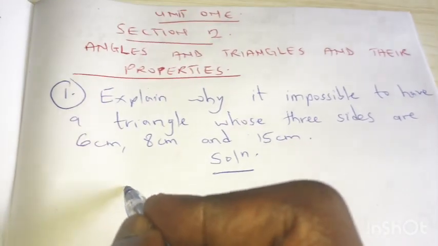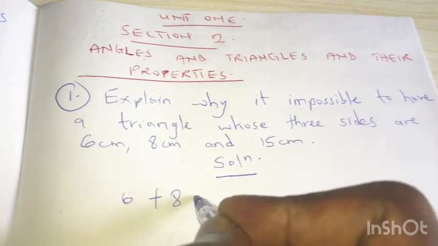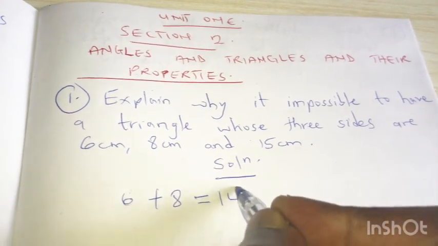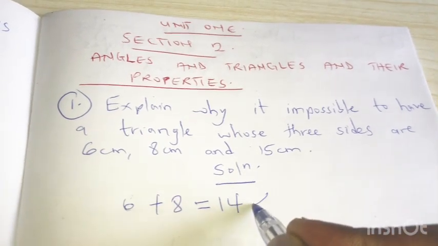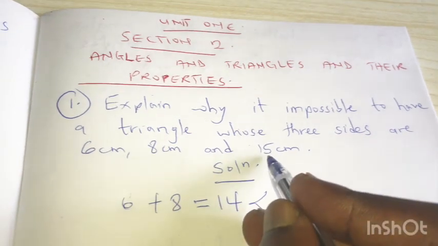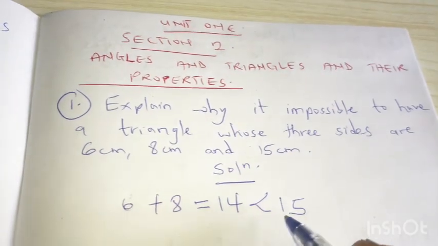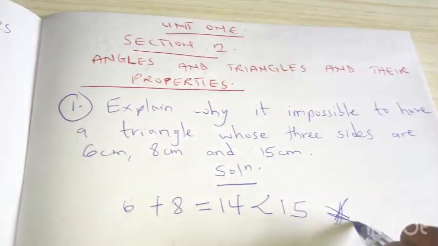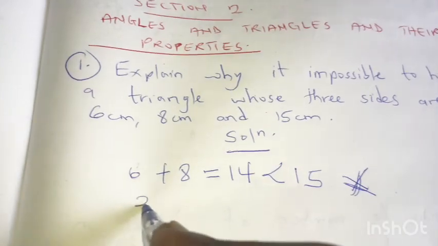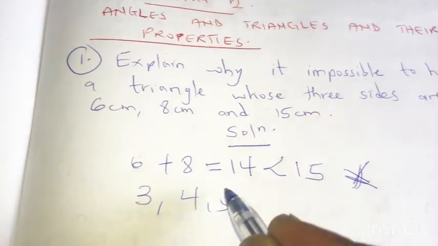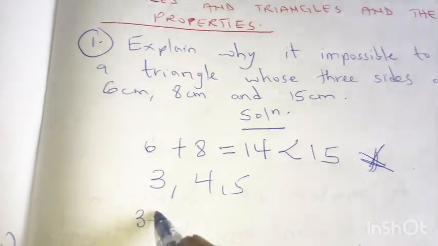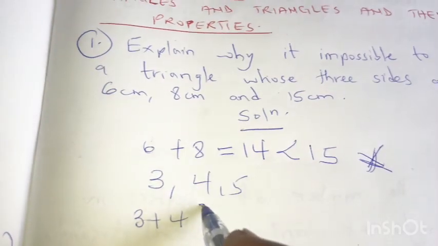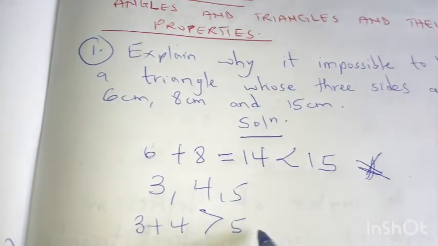Because 6 plus 8 is equal to 14, and 14 is less than the next side, which is 15. Are you getting it? So this one can't be a triangle. But when we have a triangle with sides 3, 4 and 5, let's see. 3 plus 4 is 7 and it's greater than 5.